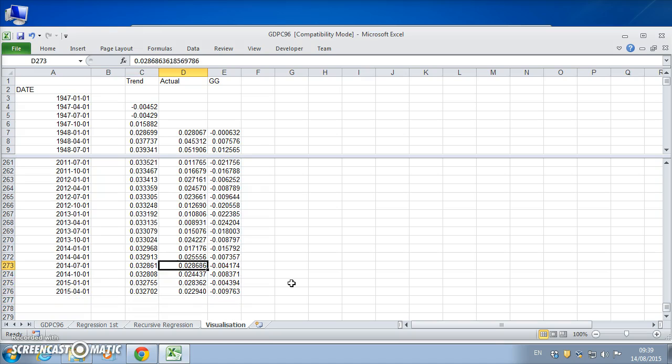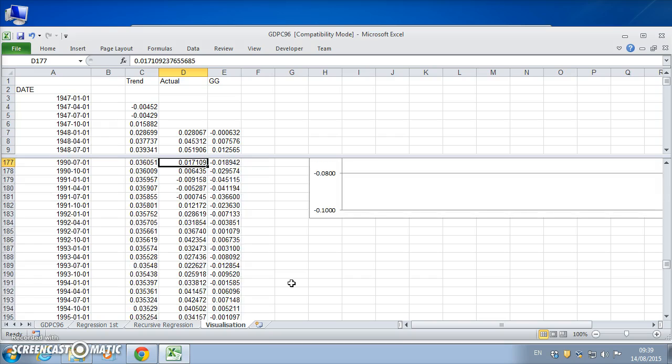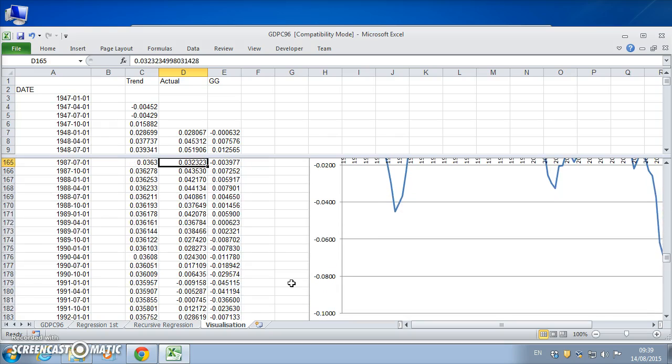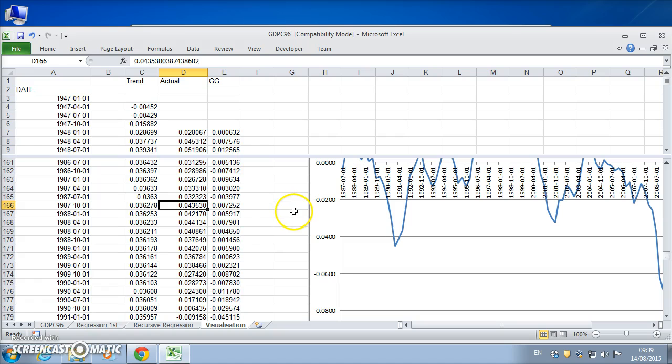Whereas the actual level of growth of GDP from '87 has varied considerably. So if we take when Greenspan took up his post in late 1987, the actual GDP growth rate was about 4.3.